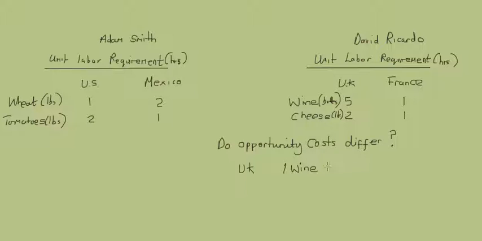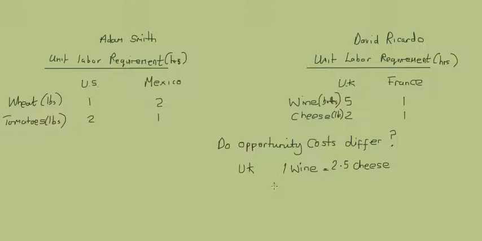One bottle of wine takes 5 hours, and so in order to free up enough labor from the cheese industry to have enough labor employed in the wine industry to make one bottle of wine, you can see that we would need to give up 2.5 pounds of cheese in the UK.